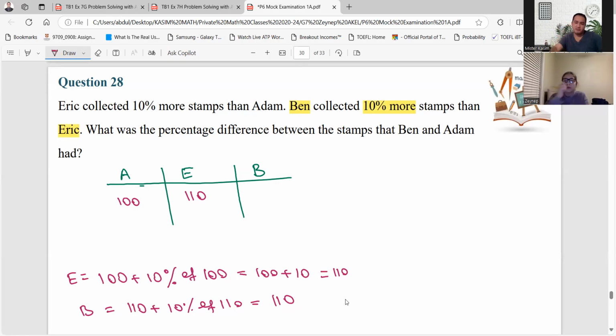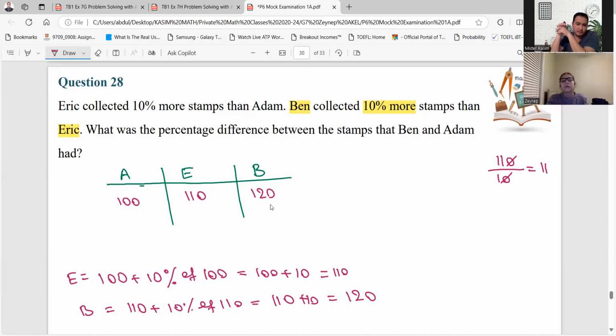The 0s cancel each other. Zeynep, look, 110 divided by 10, the 0s cancel each other. That's equal to just 11, right? Yes. To find the 10% of something, you just divide it by 10. So here that's equal to 11, and now we have 121. So that means that Ben has 121 stamps.